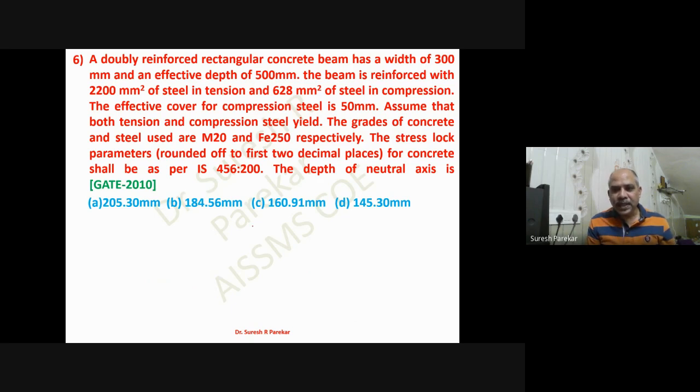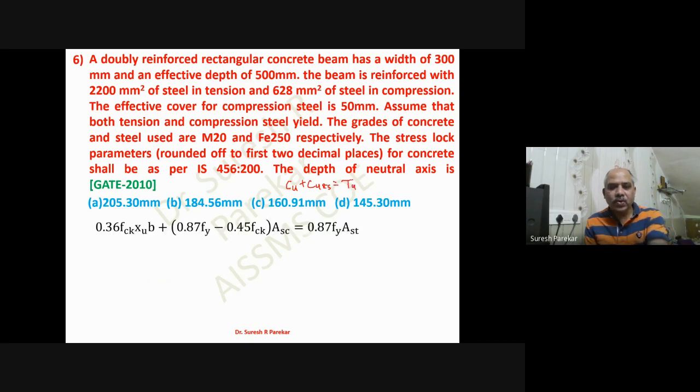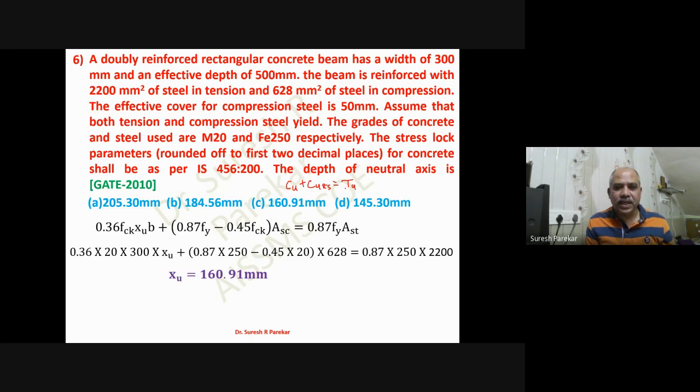So in this case we have Cu plus Cu of compression steel equal to Tu, and we are going to use here 0.36 FCK XUB plus 0.87 Fy minus 0.45 FCK ASC, which is equal to 0.87 Fy AST.